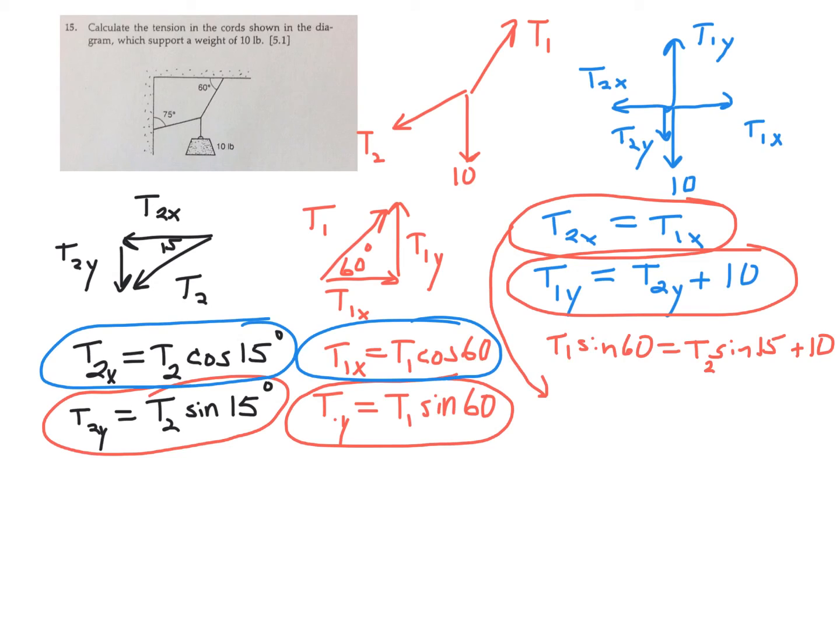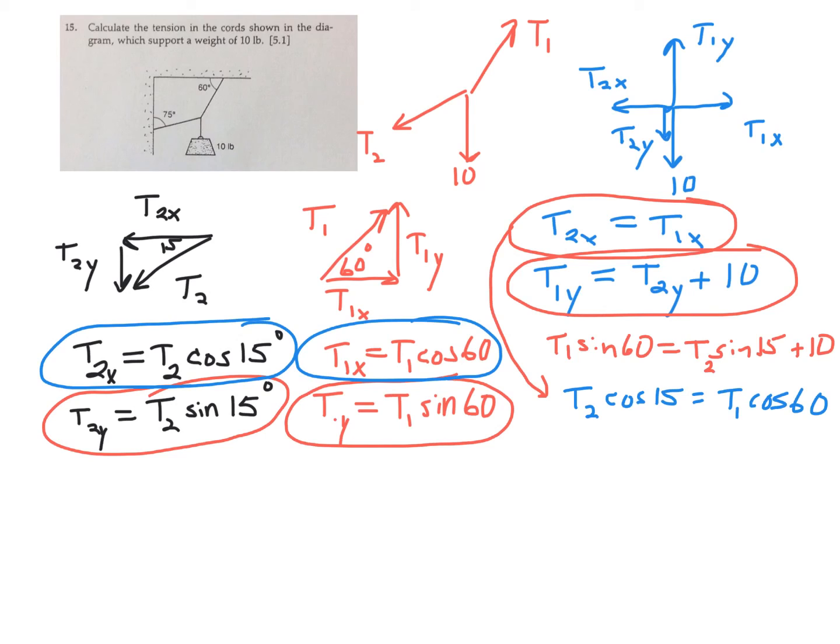In other words, I'm going to have T sub 2 cosine of 15 equals T sub 1 cosine of 60. So what I have there on the far right now are two equations with two unknowns. I have a system of two equations with two unknowns.